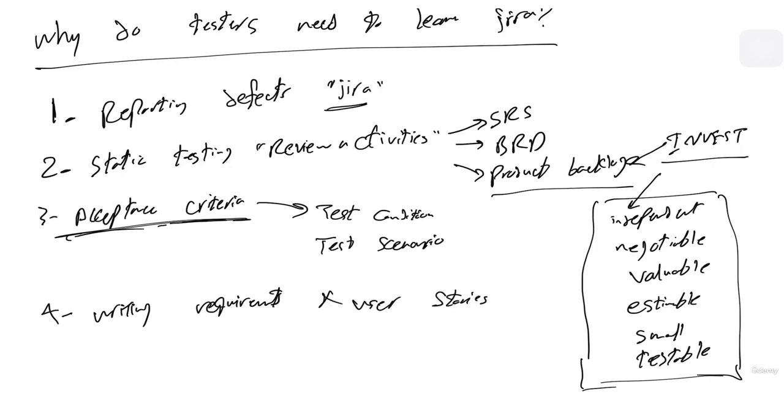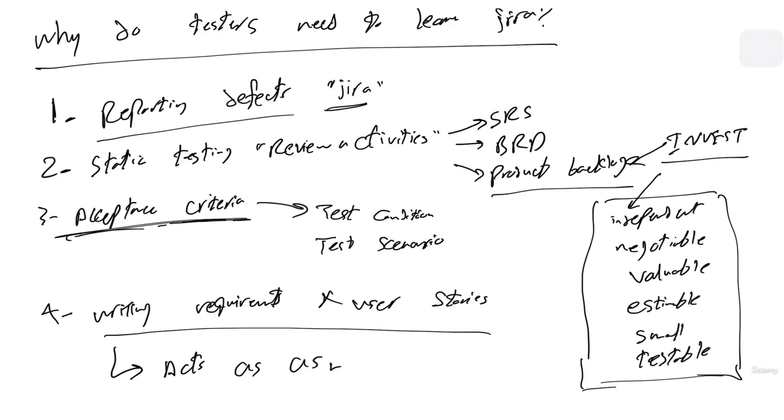In many companies, especially startups and small and medium-sized companies, we don't have a product owner. In this case, we have developers and a tester, and the tester, which is you, is responsible for reporting defects and also for writing requirements and user stories. I even saw some situations in which the tester acts as a Scrum Master.